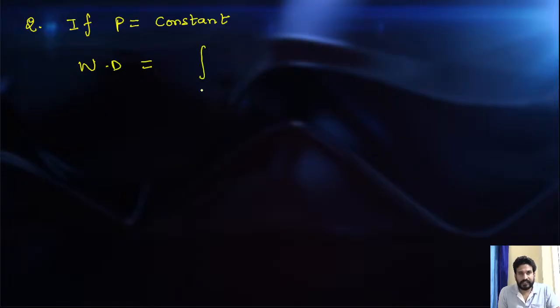Second point, let's suppose my pressure is constant. In that case, how to calculate the work done? Work done is equal to integration of P dV, from V1 to V2. Please remember this important formula. If pressure is constant, this P can be taken out of the integration because it is a constant value.